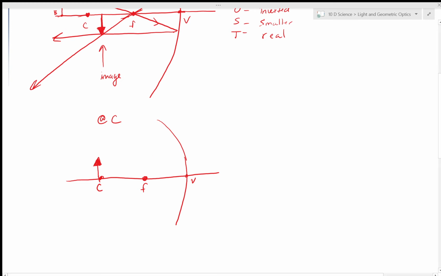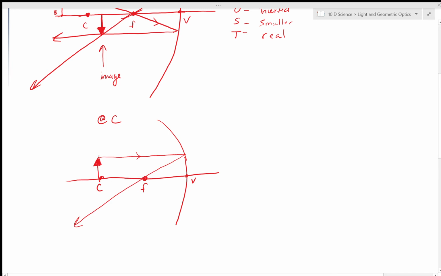Okay, so here we are. Let's go through. Here's our rules. My initial rule was, of course, take a ray that leaves the tip of the arrow and travels parallel to the principal axis. Of course, it will strike the mirror, and where it strikes, we are going to have a reflection happen, and that reflection is going to travel through the focal point.